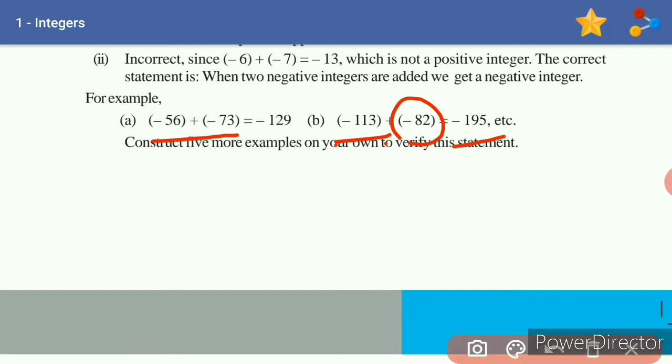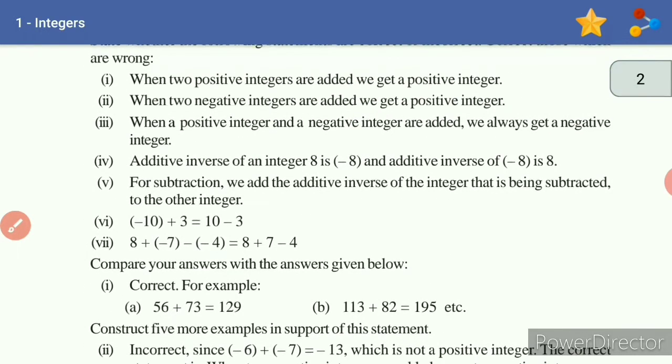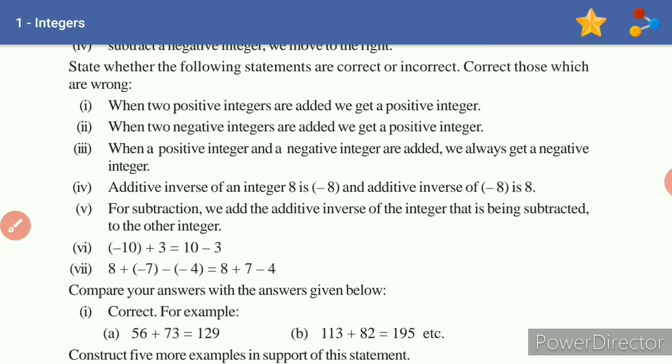Next, what does the third statement say? When a positive integer and a negative integer are added, we always get a negative integer. So we have to understand what the statement says. When a positive integer and a negative integer are added, let us see 3, a positive integer, yes.